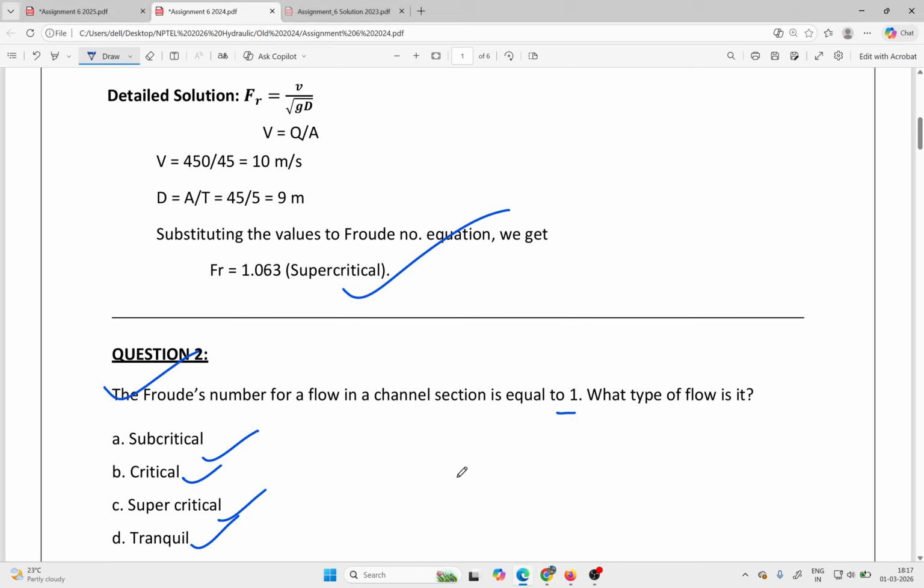Yes, when Fr is equal to 1, this is critical flow. When Fr is greater than 1, then supercritical. If Fr is less than 1, then subcritical. So this is the flow classification based on your Froude number.